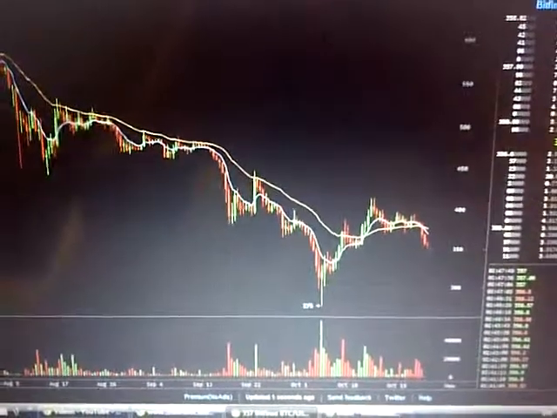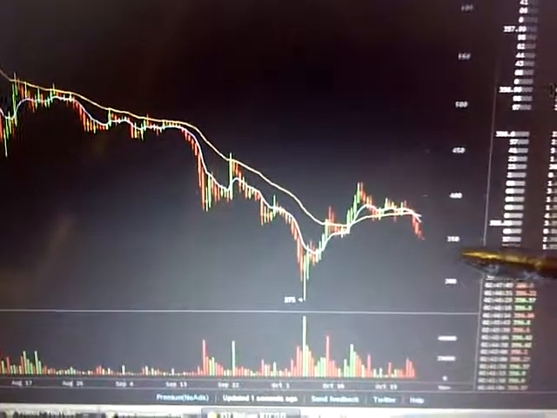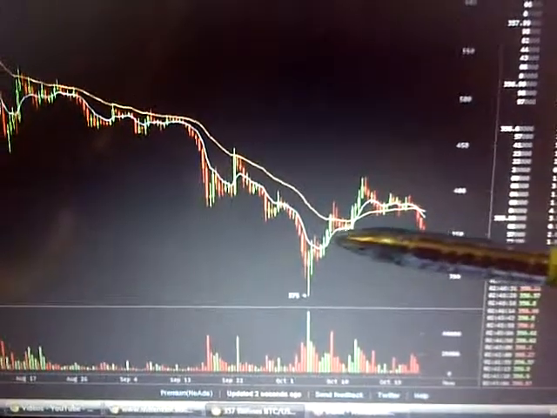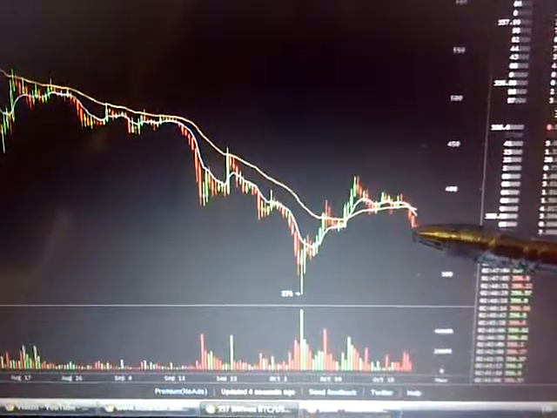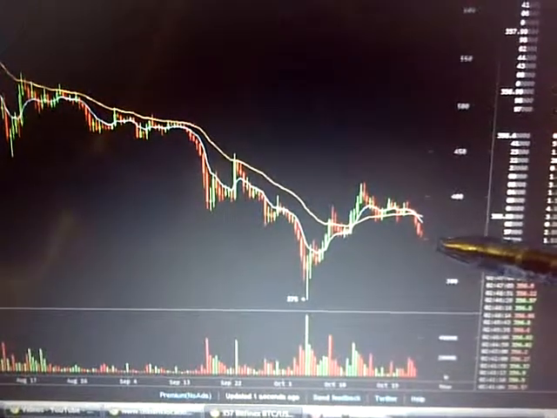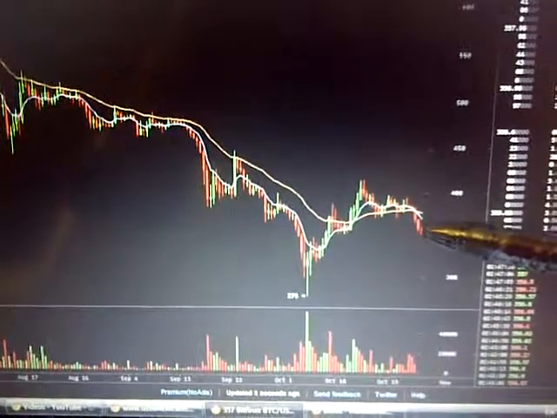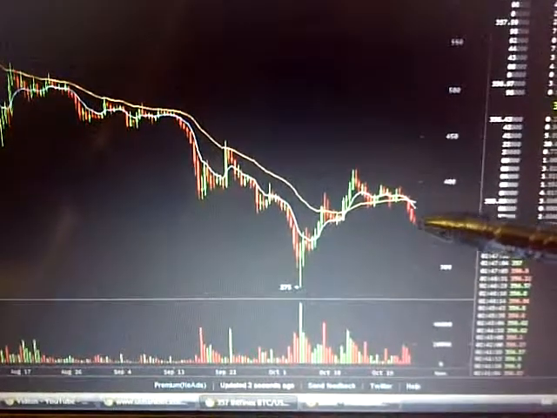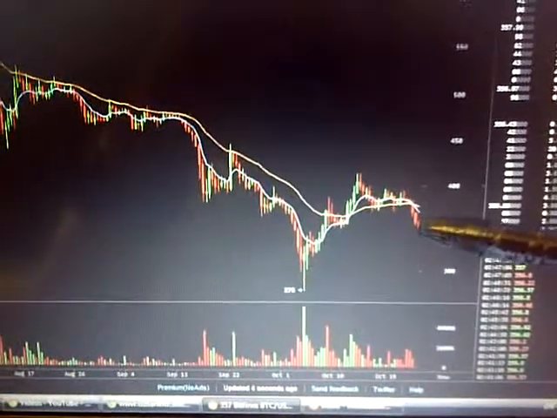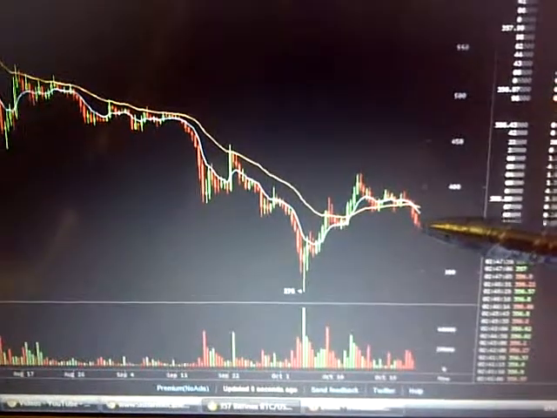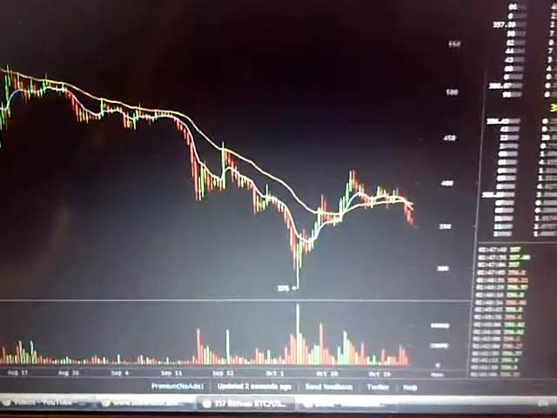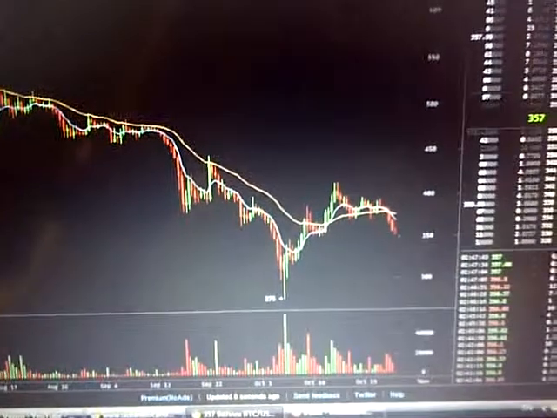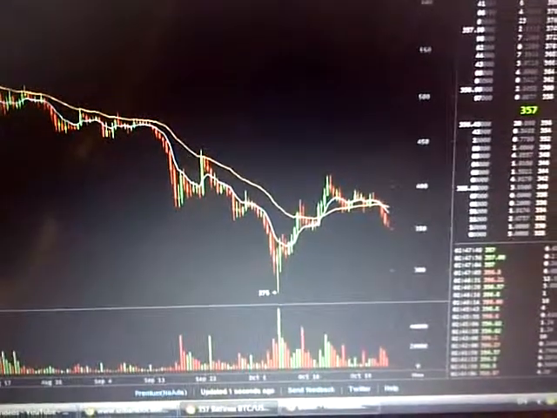Another thing is, I mentioned that this right here, about 350, would be another support area, and apparently right now it has stopped. It's slightly bounced back, but remember, you've got to wait until this candlestick finishes, at least one or two candlesticks, before you start really getting into your positions.